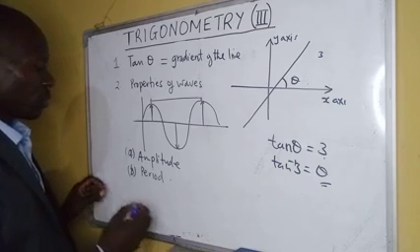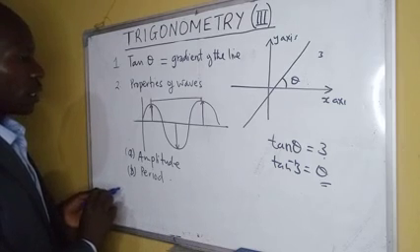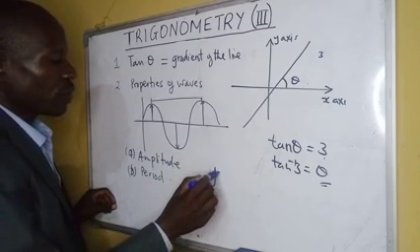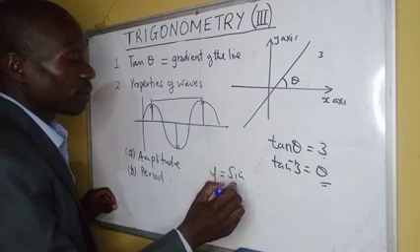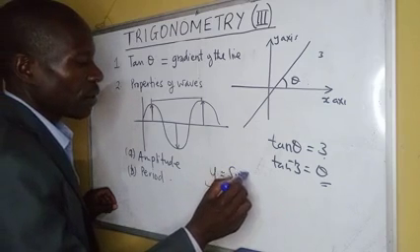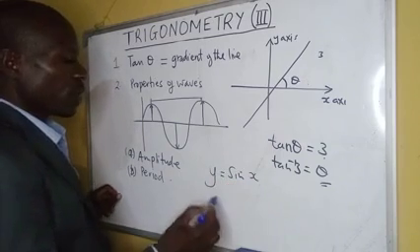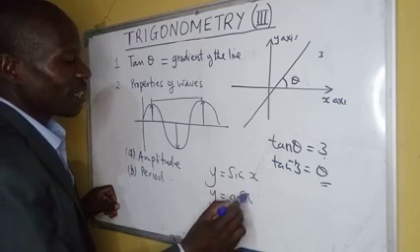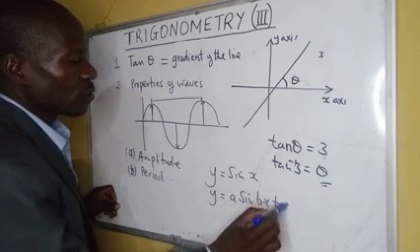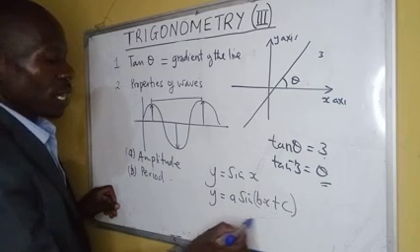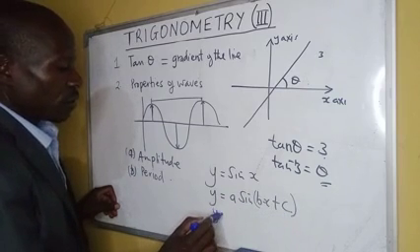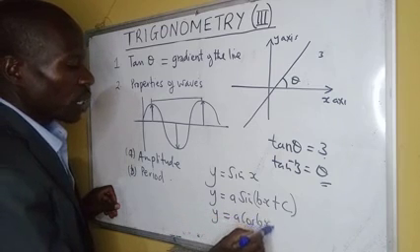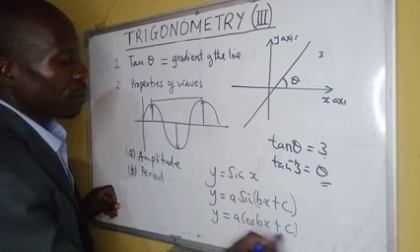equation, you'll always be able to note, and this is how you may note, if this is a function, y is equal to sine x, you'll always find that we have maybe y is equal to a sine bx plus c. We can also have y is equal to a cos bx plus c.